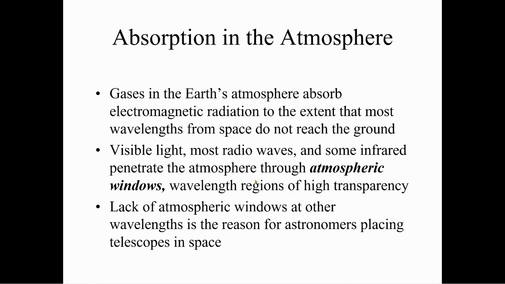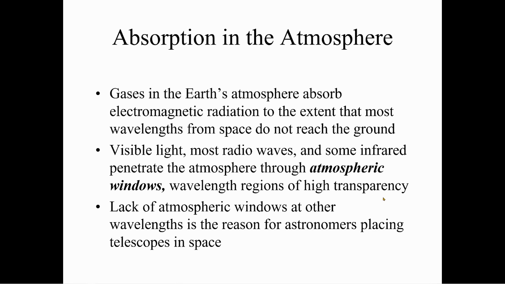Gases in the Earth's atmosphere absorb electromagnetic radiation to the extent that most wavelengths from space do not reach the ground. That's why telescopes out in space, like the Hubble, the Chandra, Kepler, and all these others, are important, because they don't have these electromagnetic waves filtered out by the atmosphere.